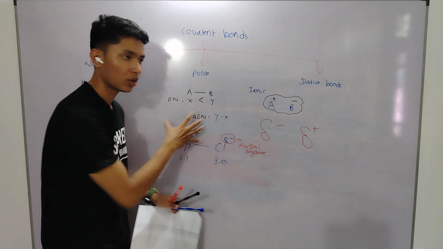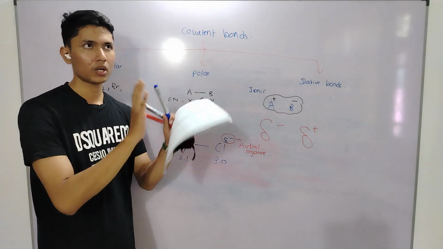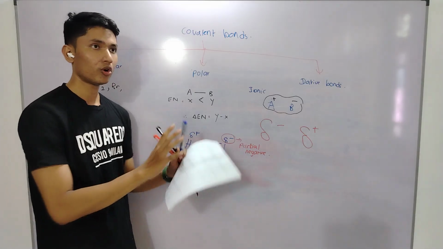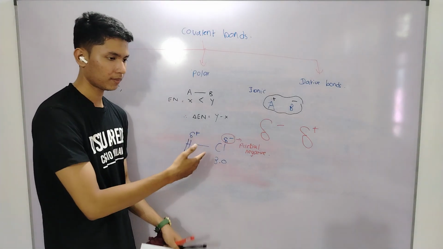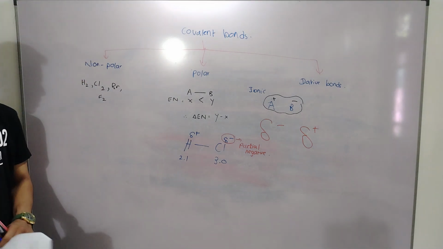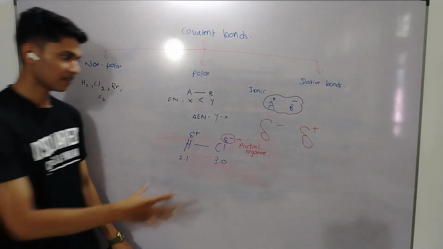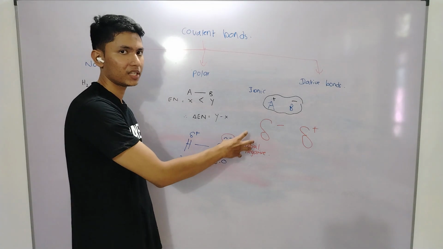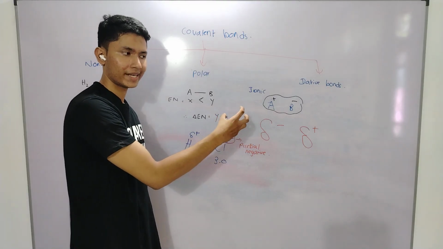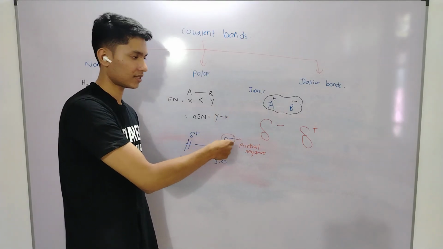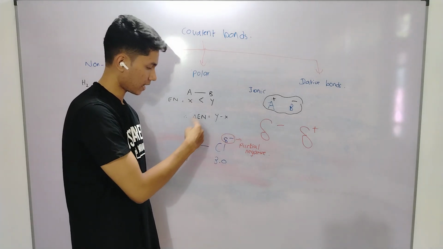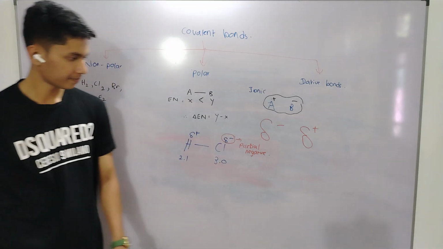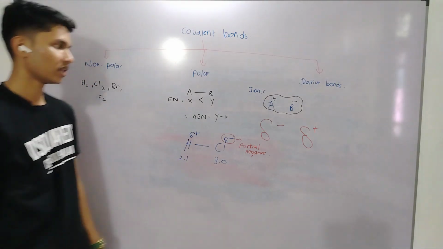So this is how we know the polarity of a bond. The one who has the higher electronegativity gets delta negative, a partial negative, and the other gets a partial positive charge. Write this down.